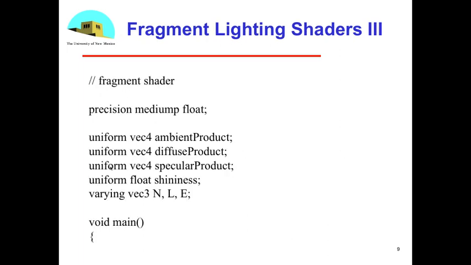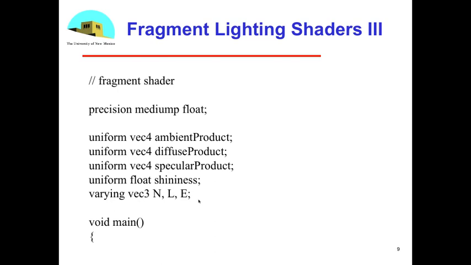Now if we look at the fragment shader, it's the one that's going to take in the ambient product, diffuse product, and specular product, and the shininess, because this is where I do the calculations. It also shows that uniforms can be sent either to the vertex shader or to the fragment shader. Here's the incoming N, L, and E from the rasterizer.